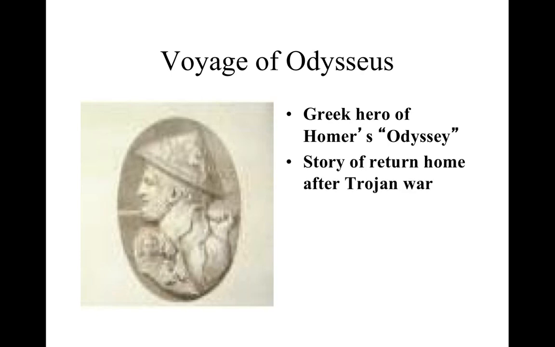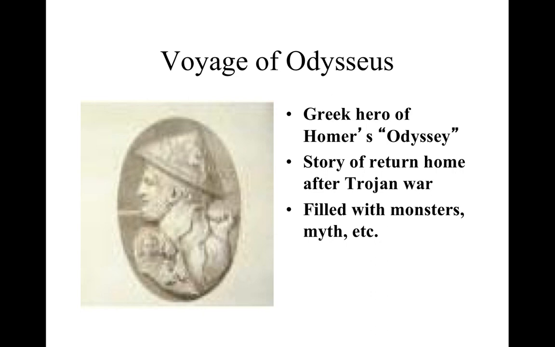It's possible you guys read this last year in class as well, in English class. We look at the Odyssey as the return story, or the story of the return home from the Trojan War for Odysseus, one of the generals and the king of Ithaca. We do know that it's filled with monsters and different mythological aspects, like cyclops and witches and sea beasts.